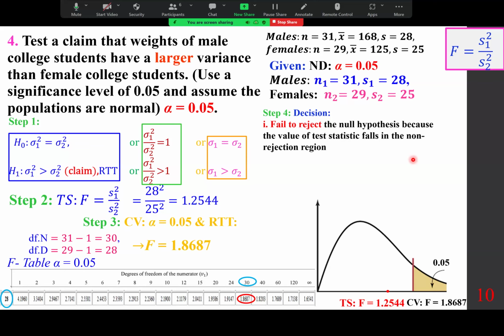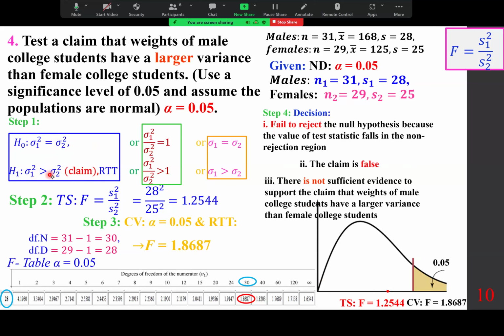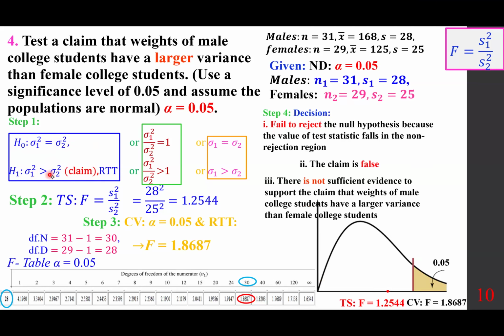My apologies: if you fail to reject the null, you are not rejecting H0 and you are rejecting H1, so the claim becomes false. So there is not sufficient evidence to support the claim that weights of male college students have a larger variance than female college students.